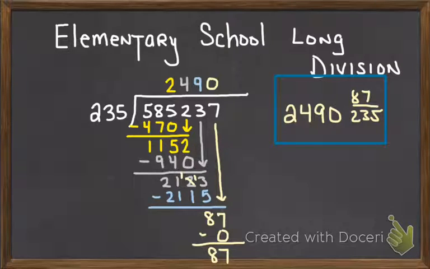So my answer is 2,490 and 87 over 235. If you do that in your calculator now, just double check yourself. Is that right? Of course it's right. Okay, so take a look. Do you remember your elementary school long division? Because here we go. I'm going to take that concept from elementary school and apply it to high school.